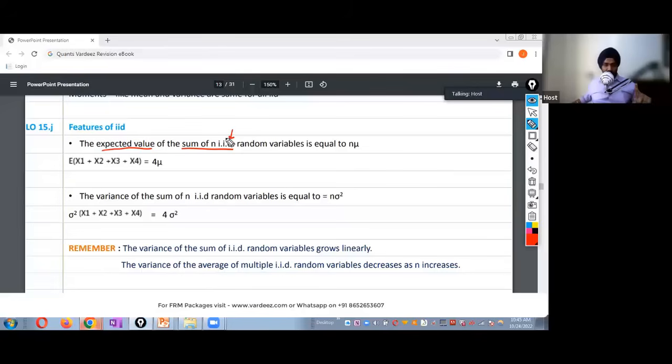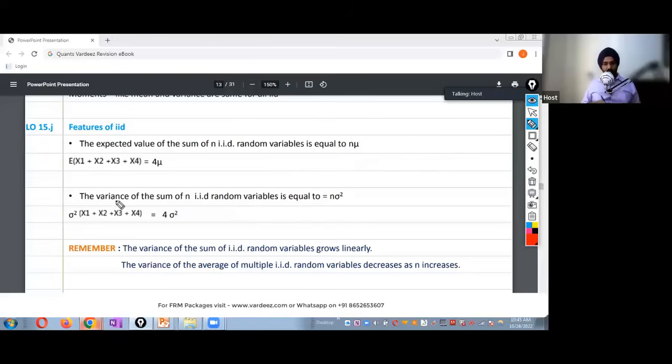Not just any random variables, IID random variables. So if I have 10 random variables and I want to find the expected value of the sum, that's the expected value of X1 up until X10, which is going to be 10 multiplied by mu. As I said, they all have the same moments, same mean and variance. That's why we just take n multiplied by this.